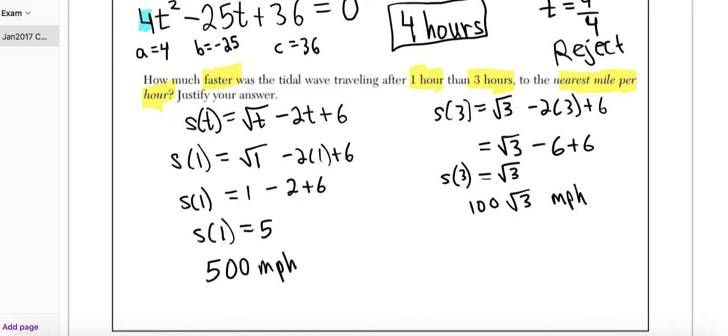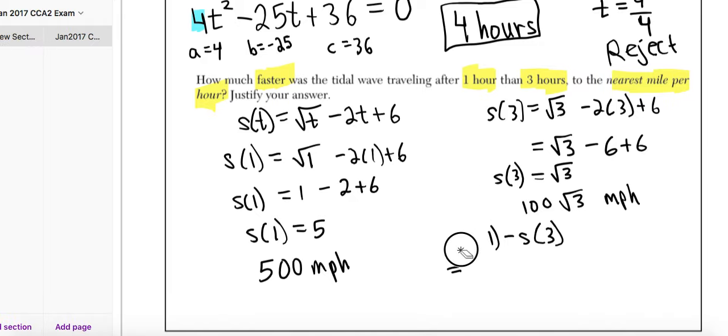So if I subtract s of 1 minus s of 3, right? That becomes, no, not even s of 1 times s of 3, because s of 1 is just 5 and s of 3 is just radical 3. I want to find the difference now, and I'll put that in blue.